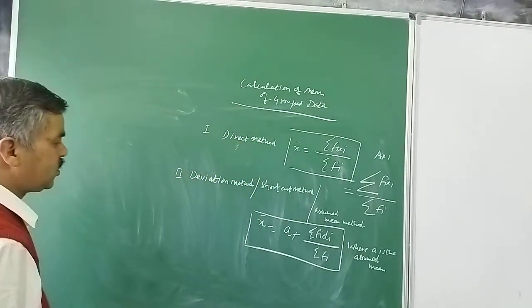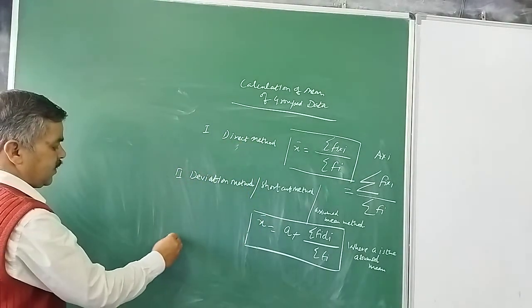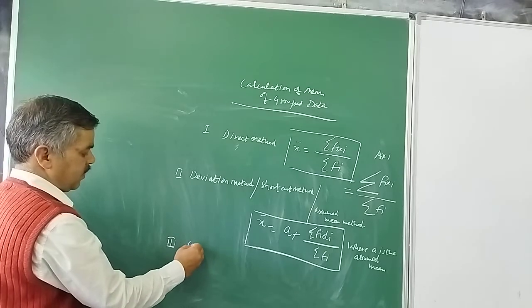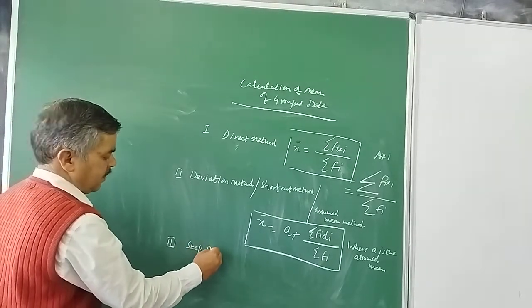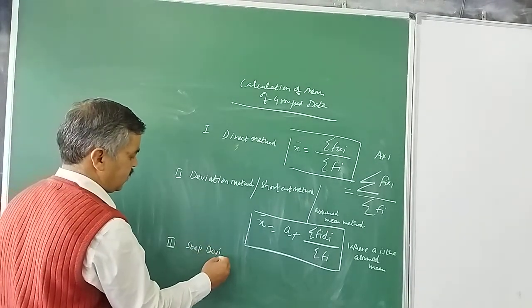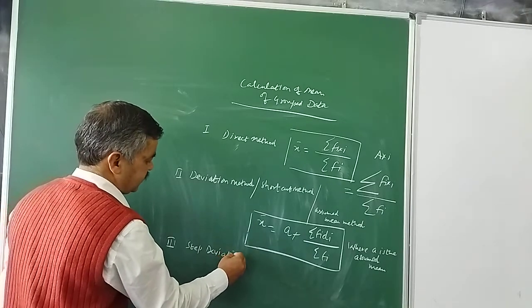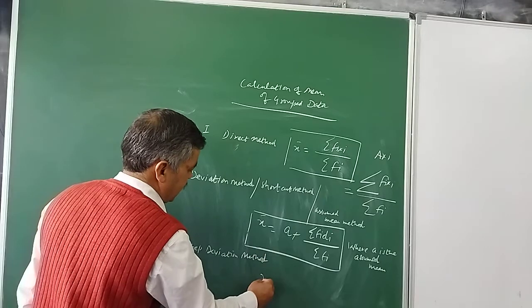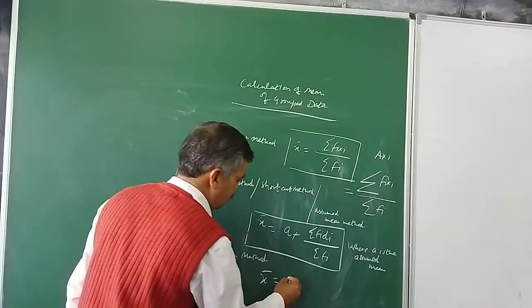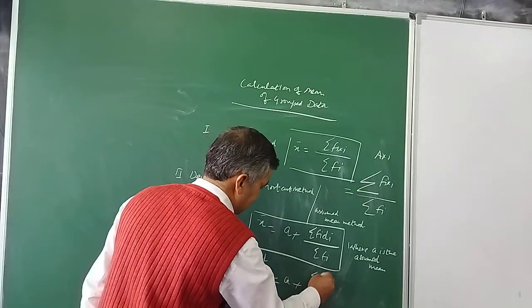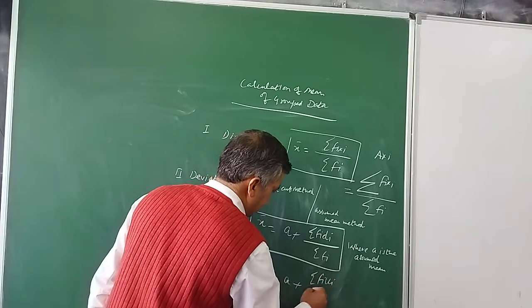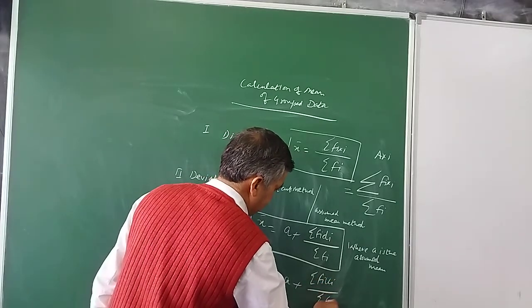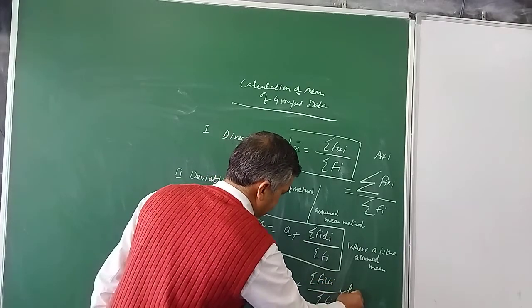And in the step deviation method, the formula we use is x bar is equal to a plus the sum of fi ui divided by the sum of fi, into h.